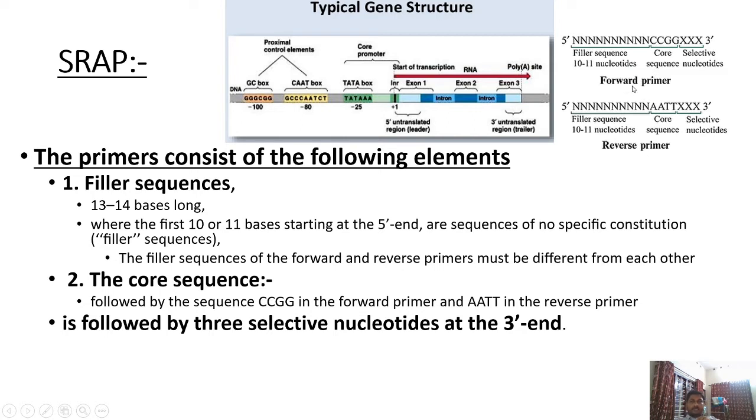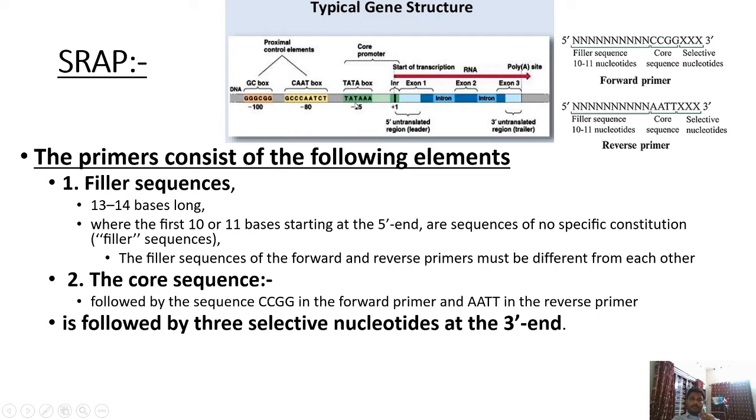So for that, we need to get to know the picture of a typical gene. This is a schematic representation of a typical gene. I think you all know that a gene may have a promoter region, and after that an initiation codon, then a series of codons ending with a stop codon, and thereafter a polyadenylation sequence.